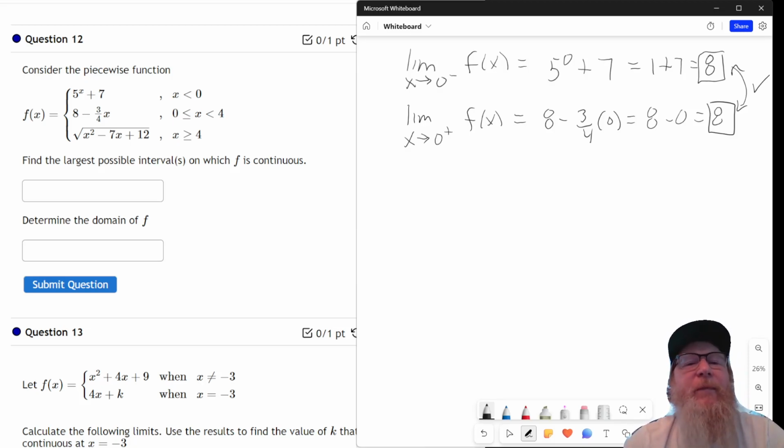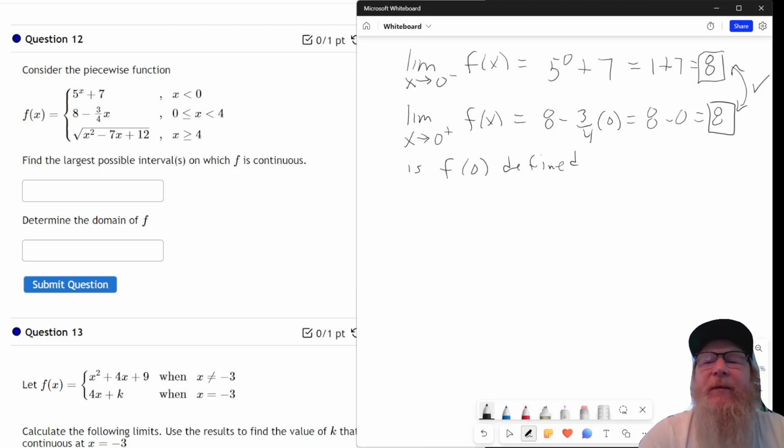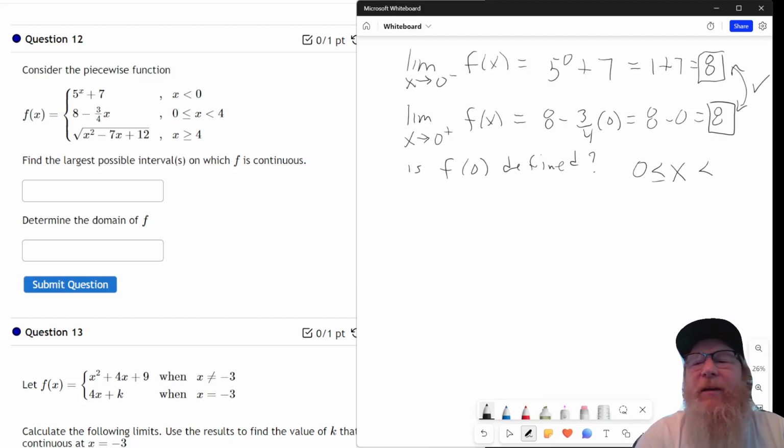All right. Also, is f of 0 defined? Yes, it is. It says x is greater than or equal to 0, less than 4.